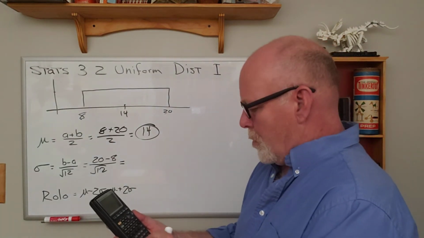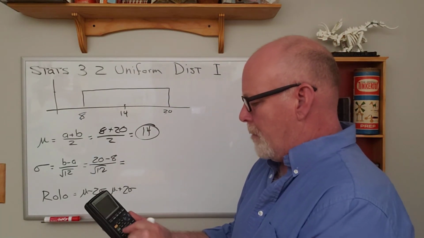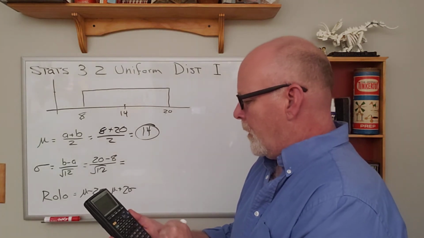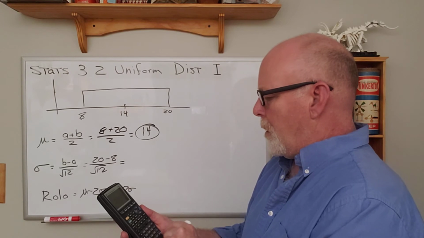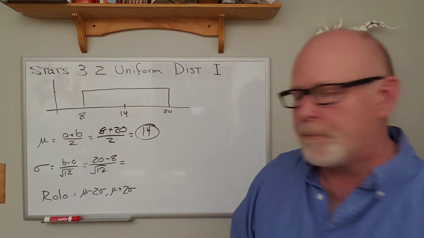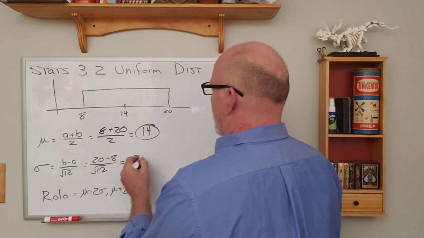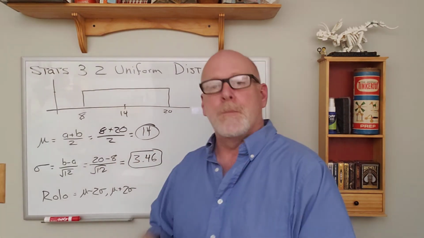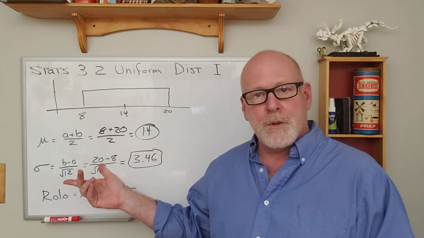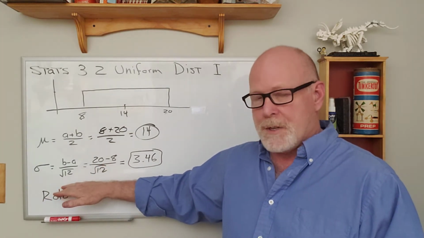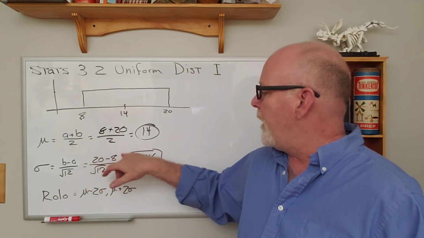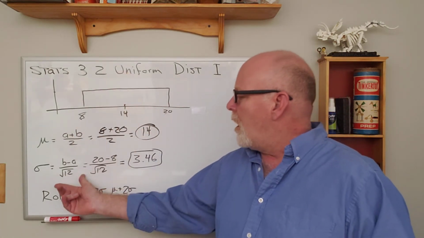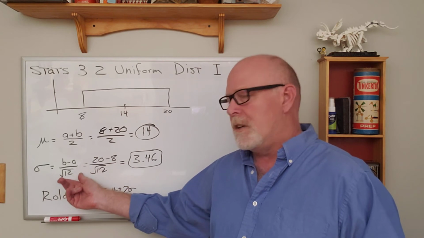I know that's 20 minus 8 is 12 divided by the square root of 12, and that's going to give me 3.46. Okay, that's the standard deviation. Subtract the two numbers, divide by the square root of 12, always the square root of 12. People sometimes ask where that comes from. It has nothing to do with the fact that this was 12 here. It has to do with, for the uniform distribution, it's always subtract those numbers, divide by the square root of 12.